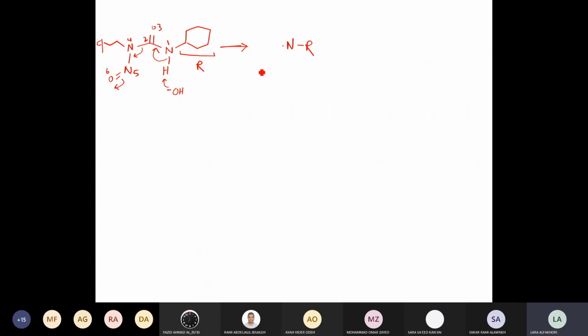What do you think, based on the arrows I drew? It will be a double bond with carbon 2, exactly. This is nitrogen 1, carbon 2, and between them a double bond.